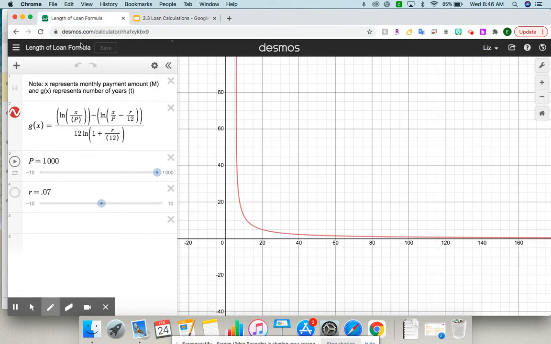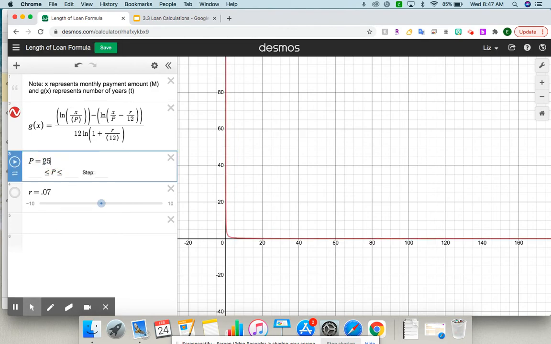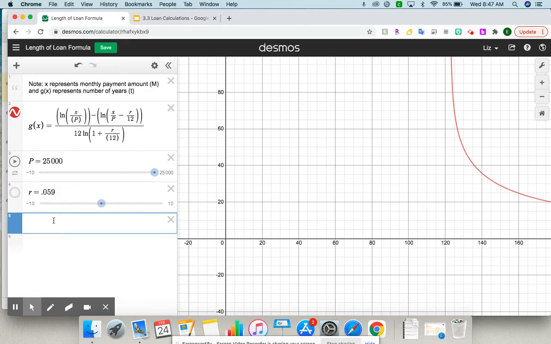So going back to the Desmos formula, notice instead of M for monthly payment, I use X to represent that, and then G of X represents the number of years that I'm solving for. So our principal is $25,000. Our interest rate is 5.9%, and I am solving for a monthly payment of $300.